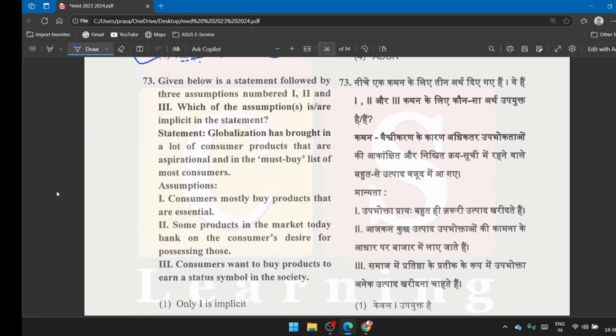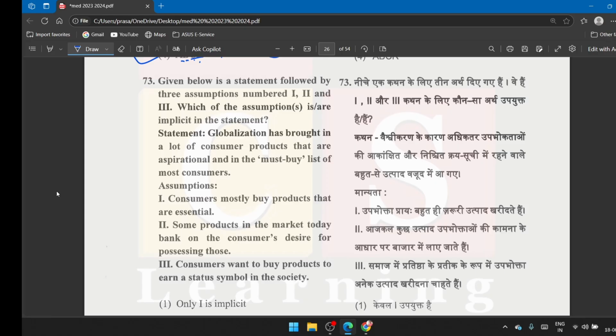Globalization has brought in a lot of consumer products that are aspirational and in the must buy list of the consumer. Here what do you have to assume? What you are saying, globalization has brought in a lot of consumer products that are aspirational and in the must buy list of most consumers. The first assumption is consumers mostly buy products that are essential. This can be a concluded part.